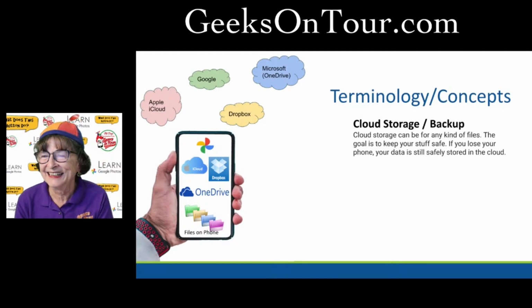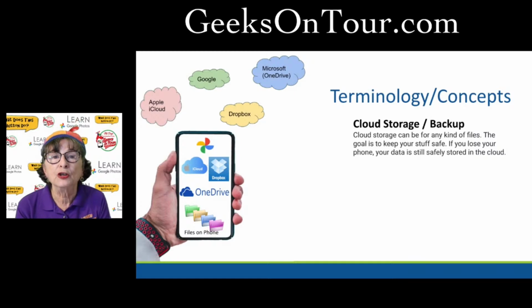Okay. So one more terminology is cloud storage and backup. So the gallery app is for local management of photos. Then you could have some other app, for example, Dropbox.